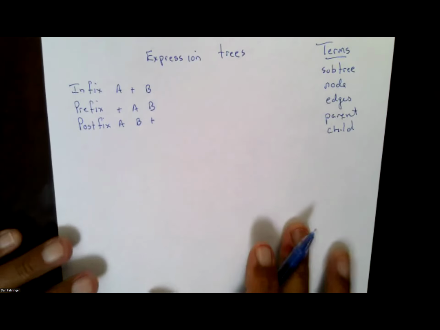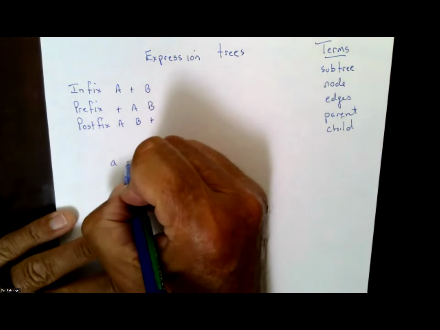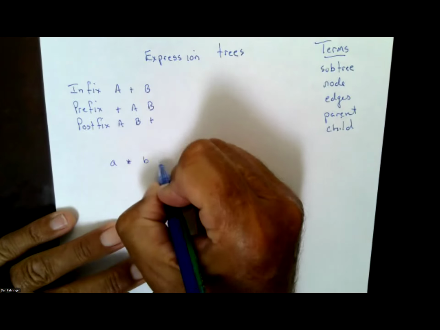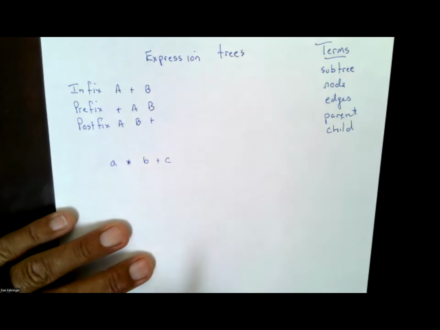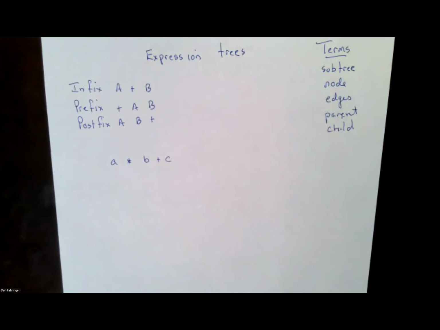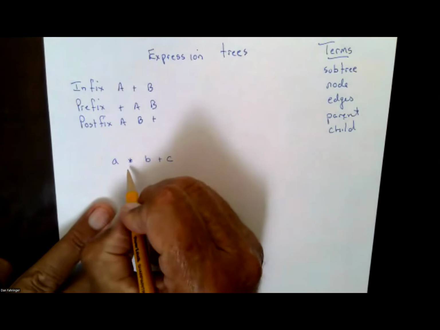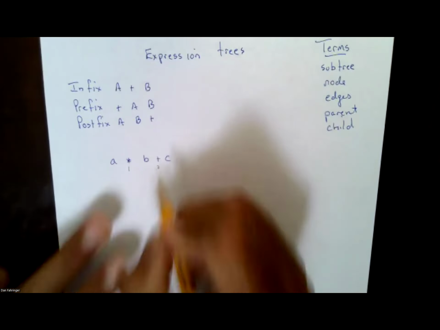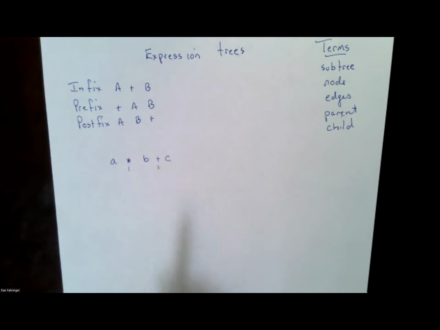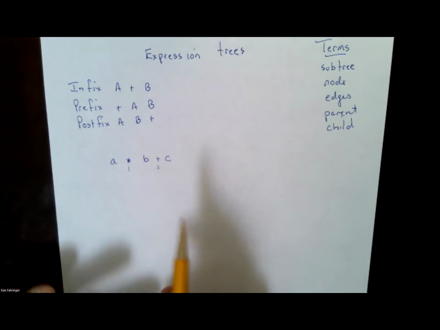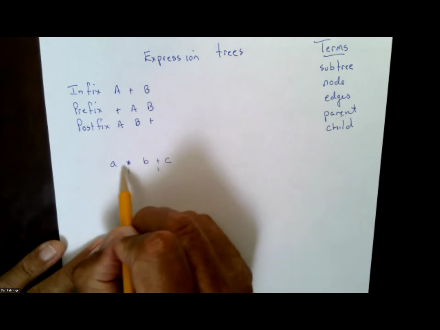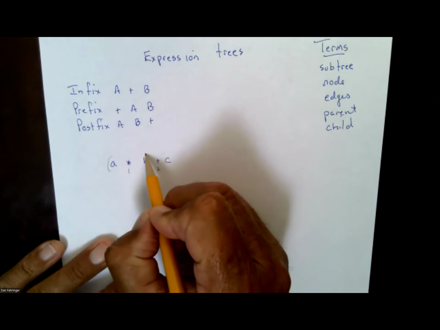If I gave you this expression, A times B plus C, what operator gets done first? Multiplication. So this gets done first, this gets done second. And what you're going to see is I'm going to write it as, well, this, and I'm doing it in pencil.